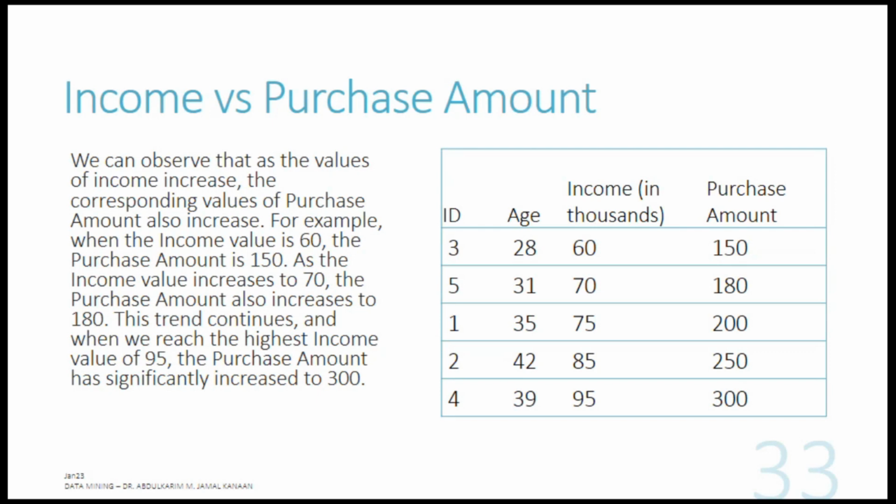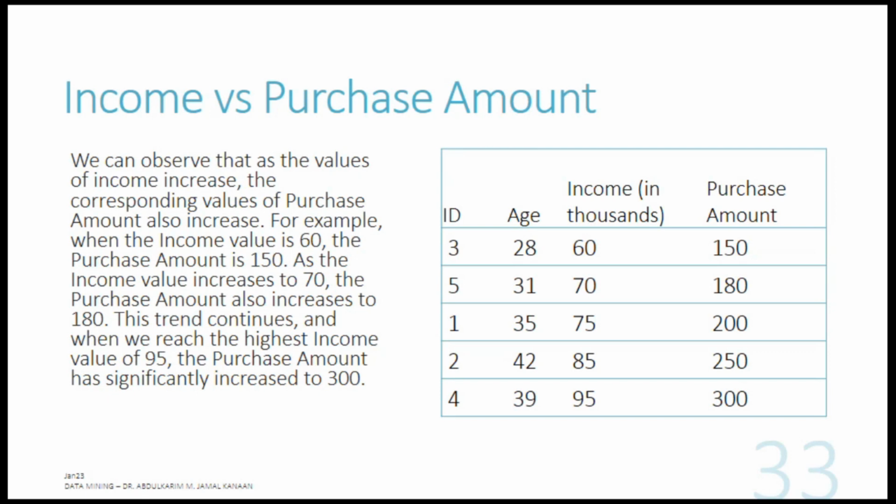But if our income is high, then we can afford to pay more, right? So this is what we can observe. As the income increases, purchase amount increases as well. Until we reach 95, we see the purchase amount has increased significantly, correct? So we can conclude that there is a relationship or correlation between income and purchase.